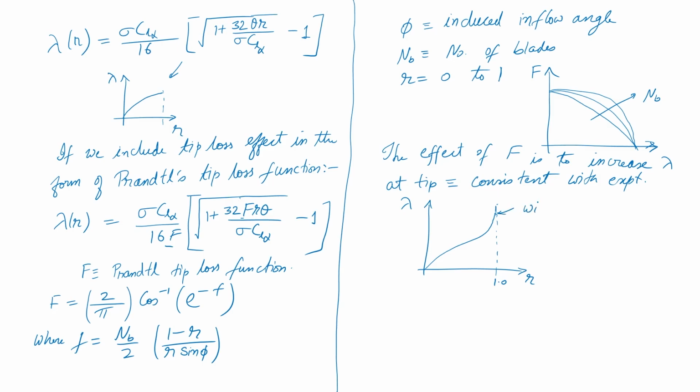So, this is with tip loss, and the other I can draw without tip loss. Okay. For same pitch.